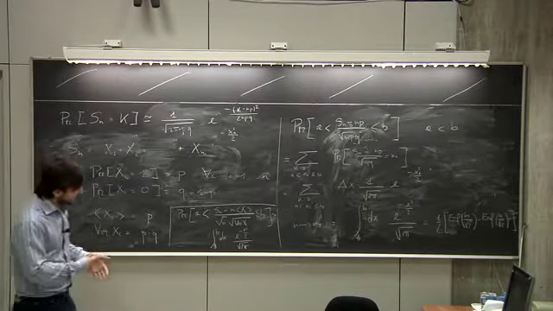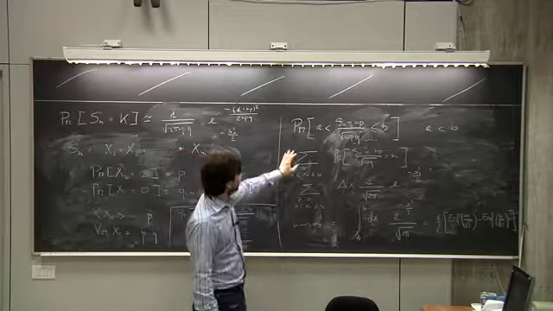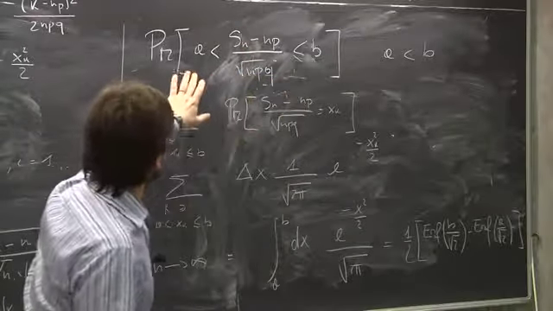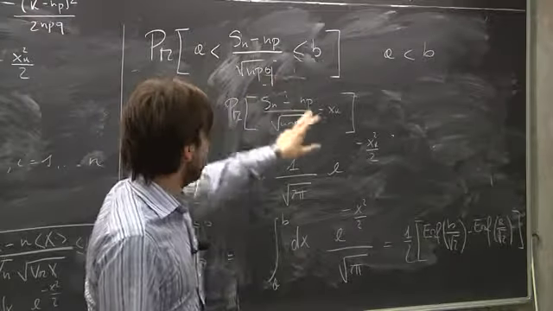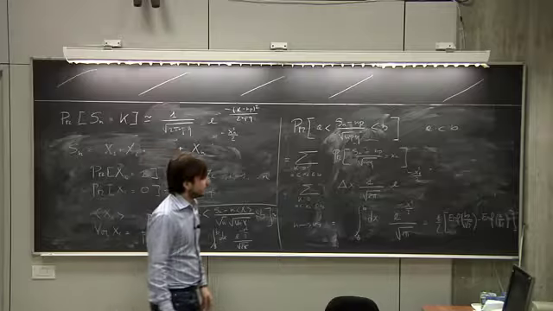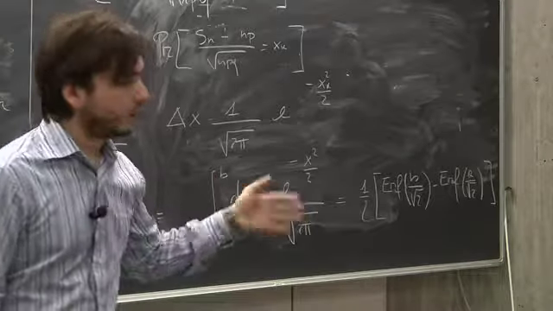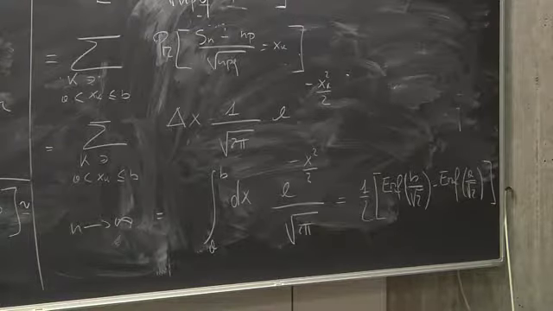Then we saw how we can write it in a different way, the integral theorem, which is the probability that this normalized quantity is in this interval. Then it's just the integral extended to this interval of the normal distribution, the Gaussian with zero mean and variance 1, and I would link this result to the central limit theorem.